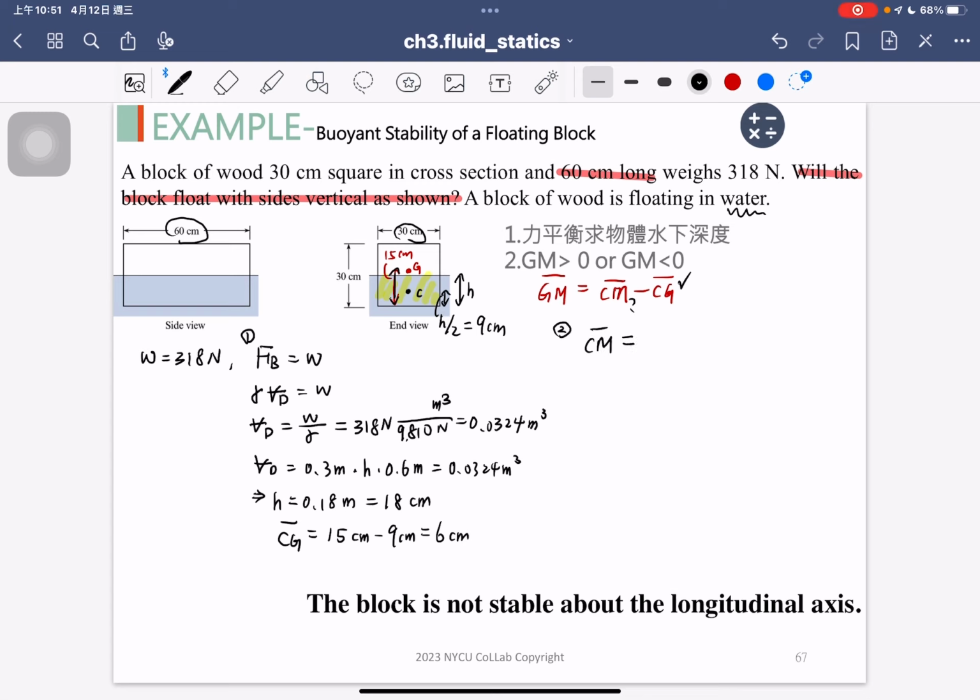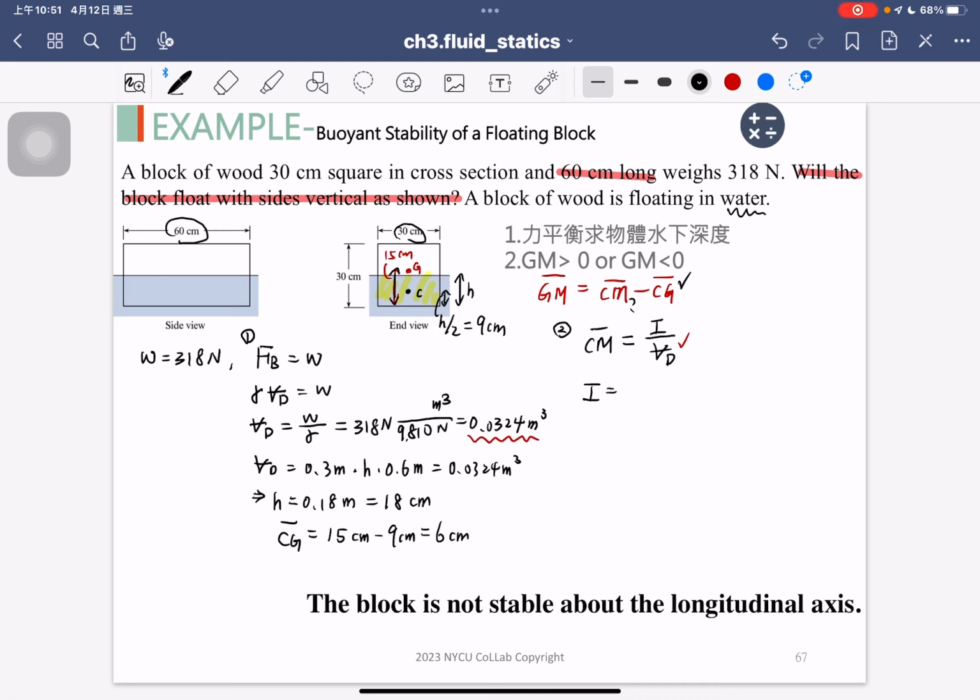As in the previous slide, the CN distance equals the second moment of the water line area divided by the displaced volume. We already know the displaced volume, so we need to compute I, the second moment of the water line.